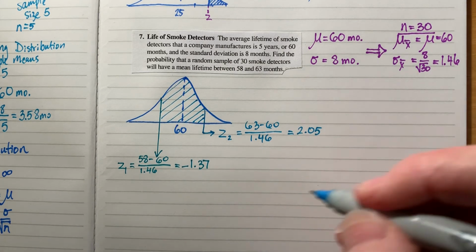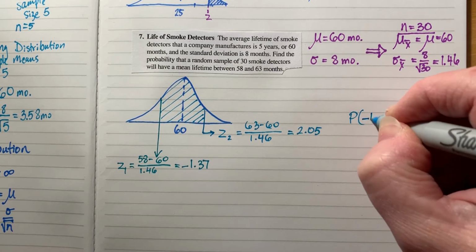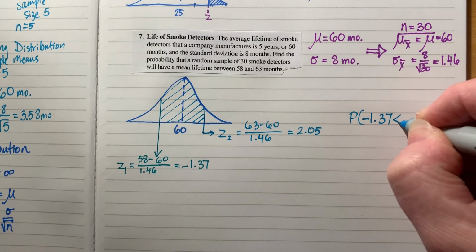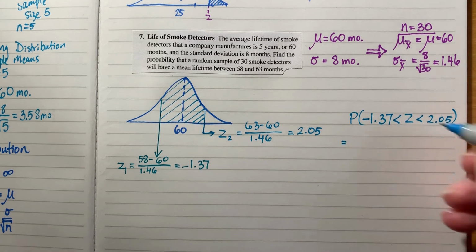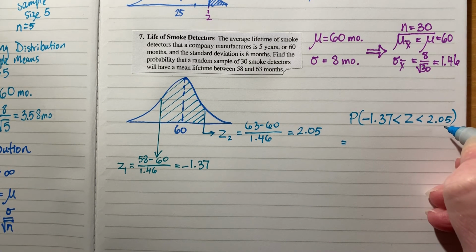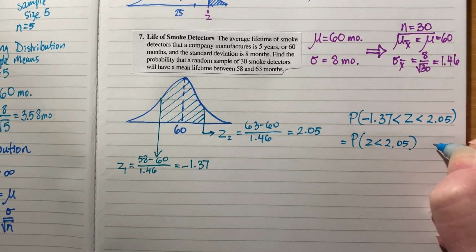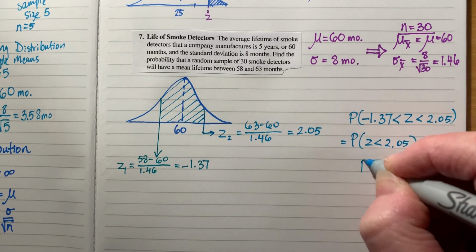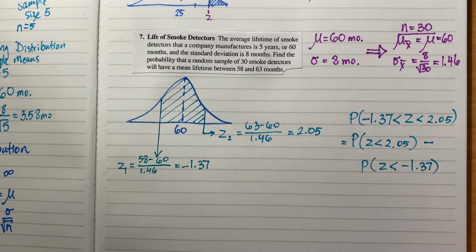So if this is what I want, if I would like to know the probability that my z is going to be trapped between negative 1.37 and 2.05, I would have to take the probability that Z is less than 2.05, and I would have to subtract from it the probability for Z being less than negative 1.37. Okay, go ahead, take your Z charts, and look up those probabilities, right? Pause the video if you need to.